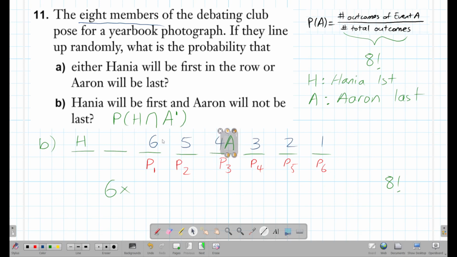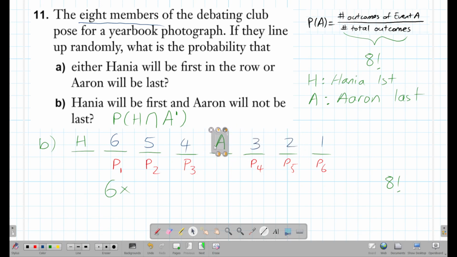For example, if I want to move him here, then we still have 6 people that can go in the second position. We have 5 people that can go in the third position, and then we will have 4 people that can go in the fourth position. So it doesn't matter where you move Aaron.